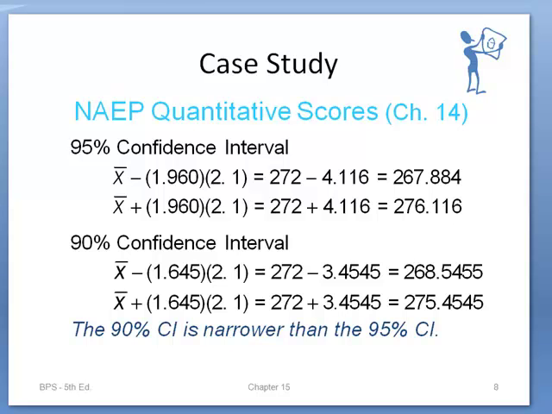With the 90% confidence interval, we go from 268.5 to 275.5, which is smaller than the 95% confidence interval. So we can actually empirically see how much smaller or more narrow the 90% confidence interval is than the 95% confidence interval.